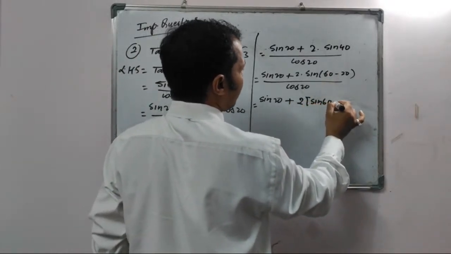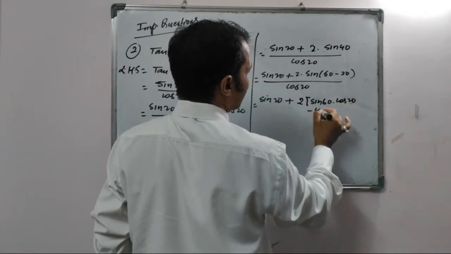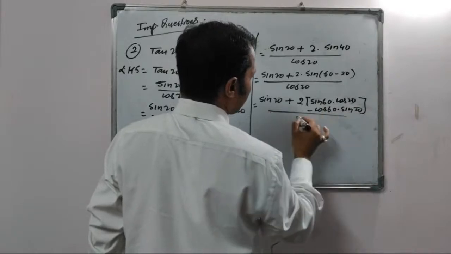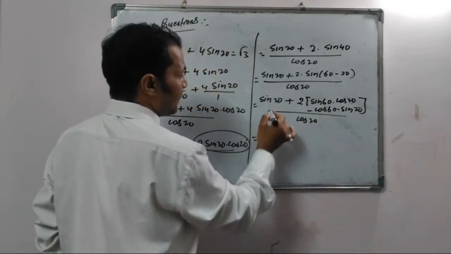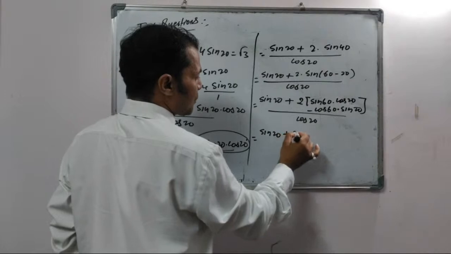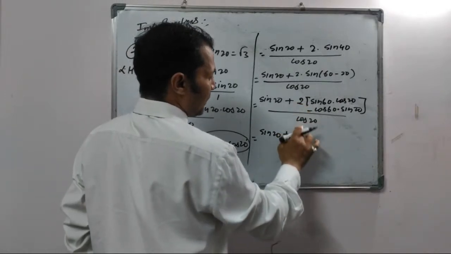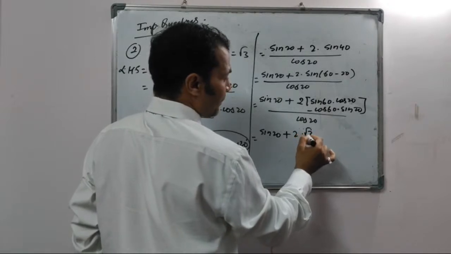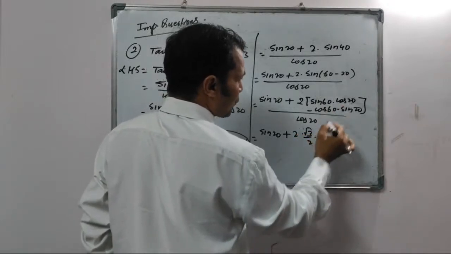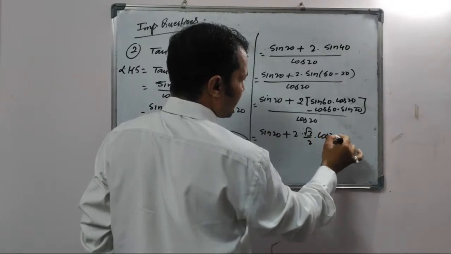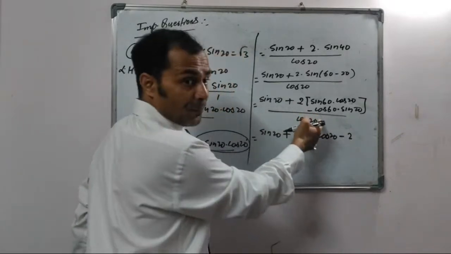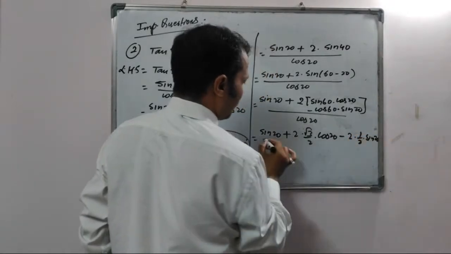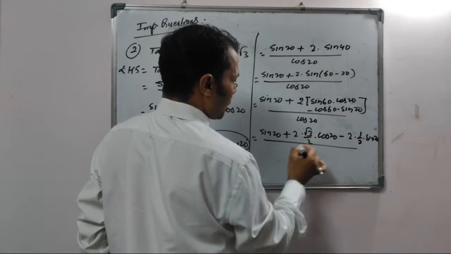Now 2 sin(a minus b) हेर त, sin a cos b minus cos a sin b, हेर्नुस् है, right, cos 20. So what do you get is sin 20 as it is, राख्ने, just keep it as it is, 2 into, मैले यसलाई ब्रैकेट ओपन गर्दै, ल 2 into sin 60, what is value of sin 60, √3 by 2, cos 20 as it is राख्नुस्, no worries, minus 2 into, look at cos 60 means 1 by 2, sin 20 by, sorry, cos 20 here, right.